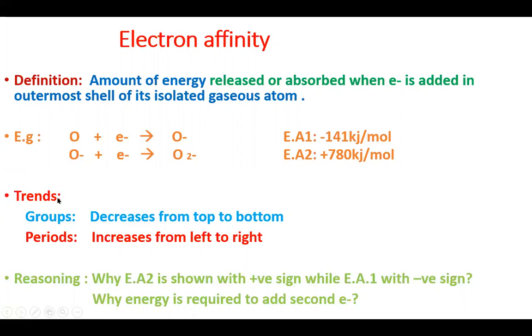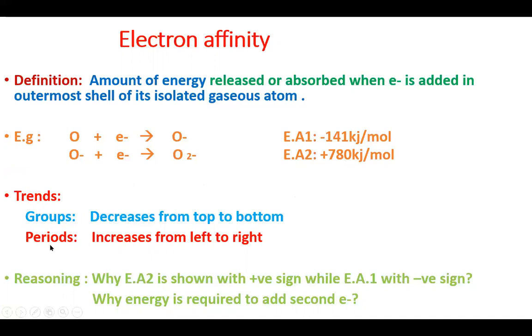What are the trends of electron affinity? In groups and periods. In groups, the value of electron affinity decreases from top to bottom. It means the elements at the top of the periodic table show greater electron affinity values, while the elements at the bottom show little electron affinity values.